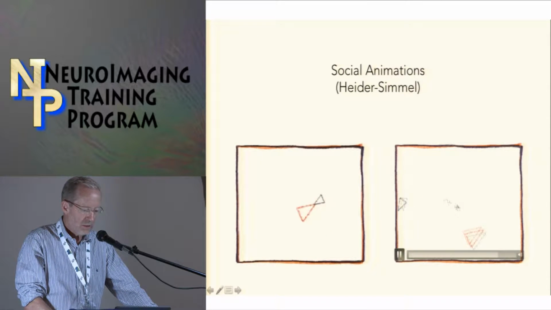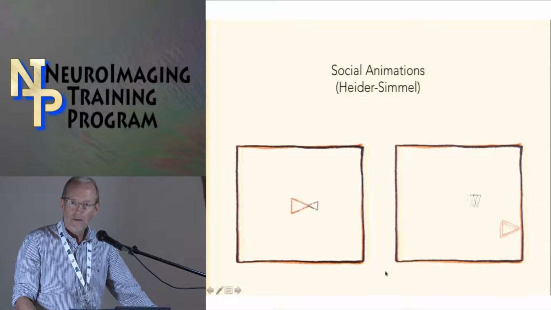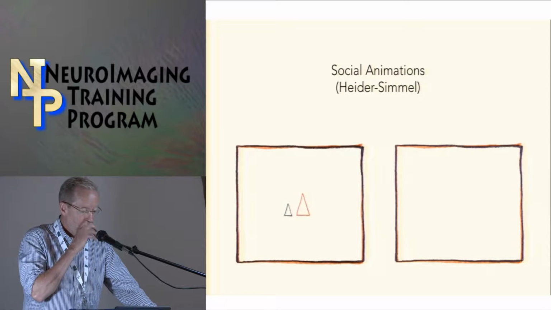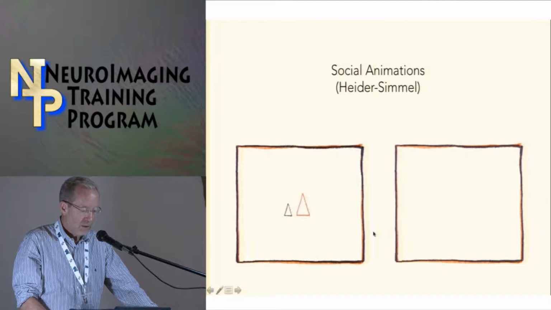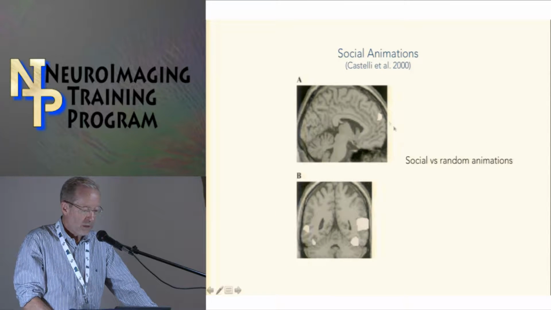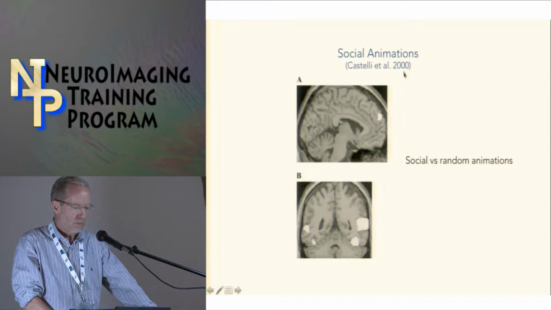Whereas these triangles just seem to be bouncing around mechanically, and you don't attribute any kind of intention or social interaction to them. So these stimuli have been used in a lot of MRI studies, dating back to this work from UCL. Castelli was the first author in this paper that came out in 2000.